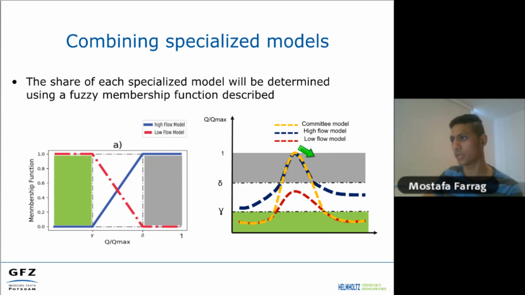So for peaks above this value, we only consider the flow from the high flow model, and below this value, we only consider the flow from the low flow model. In between, both models are considered with a certain weight, and that's this area in the medium flow regime.